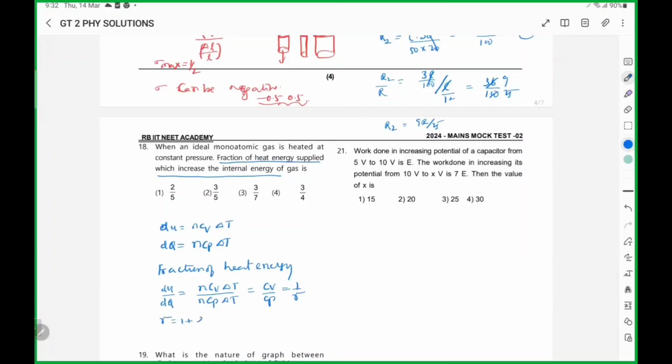Gamma here, for diatomic with degrees of freedom 5, 1 by gamma becomes 5 by 7.